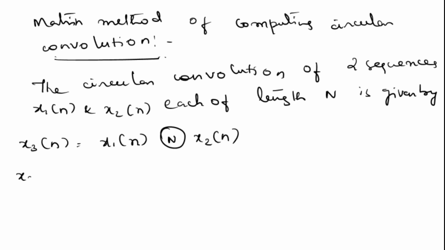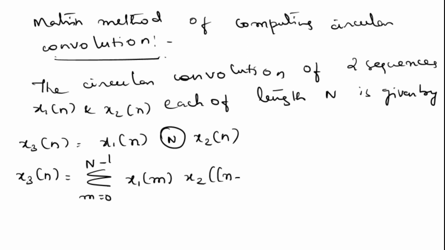Then x3 of n is equal to summation m is equal to 0 to n minus 1 x1 of m into x2 of n minus m of n point. Call it equation number 1, where n varies between 0 to n minus 1.